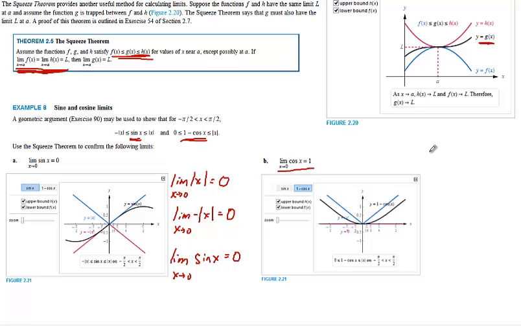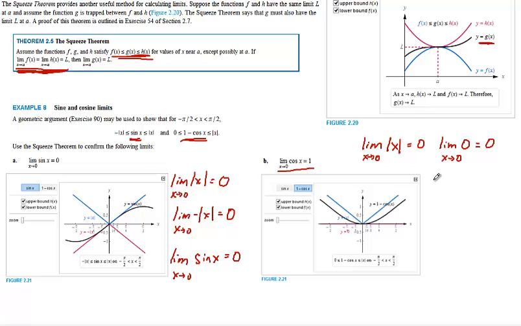So let me go ahead and do my two statements of the limit. The limit as x goes to 0 of the absolute value of x is 0. We did that one before. And the limit as x goes to 0 of the constant function 0 would definitely be 0.